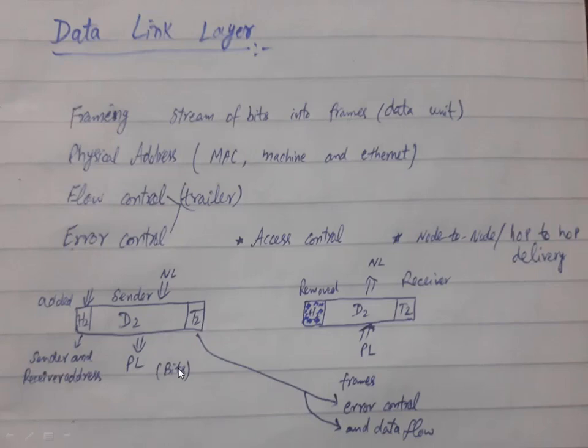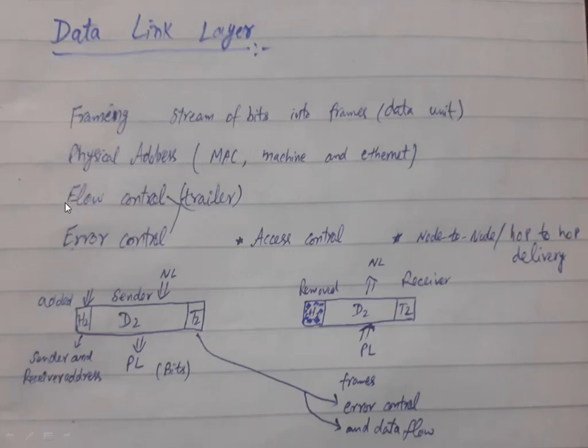At the physical layer, we have the data in the form of bits, and at the data link layer, we have the data in the form of frames. And next, the data link layer handles physical addresses. It controls physical addresses that can be a MAC address, machine address or Ethernet address.